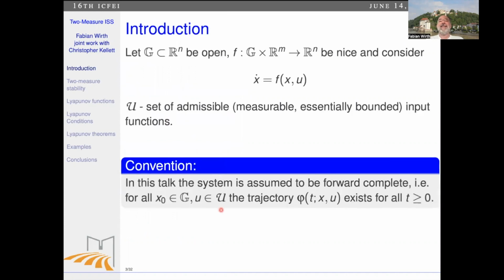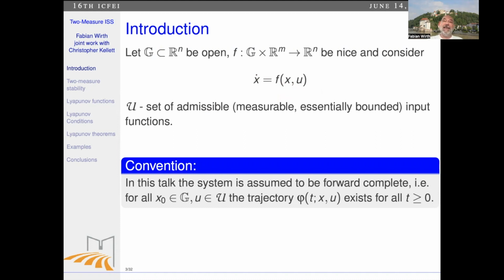And our setting is the following. So we have an ordinary differential equation on an open subset of Rn. That open subset is called G. And F is, yes, nice, right? So that your favorite uniqueness and existence theorem works. And the inputs we consider are measurable, essentially bounded input functions.